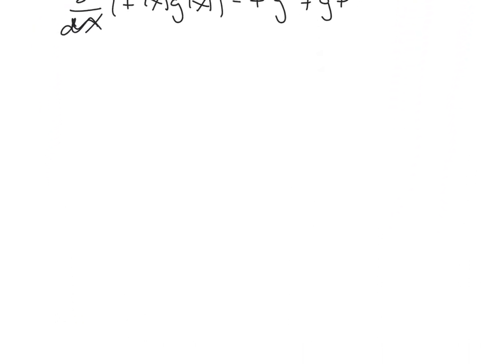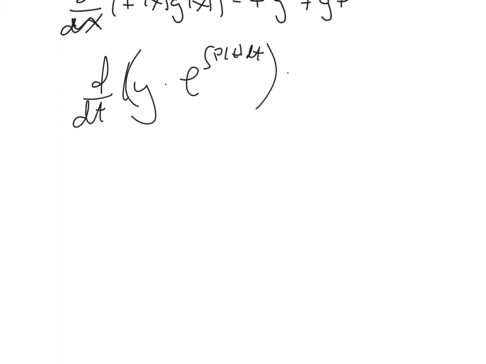The whole differential equation now looks like d by dt of y times e to the integral p of t dt, that's our integrating factor function, equals q of t times e to the integral p of t dt.